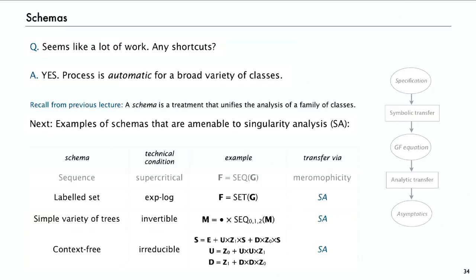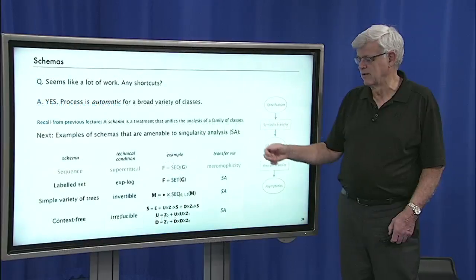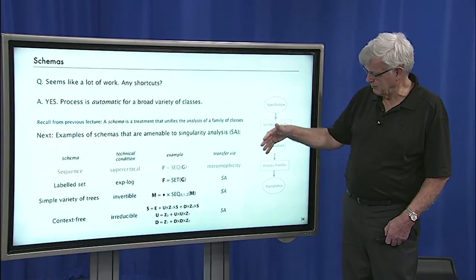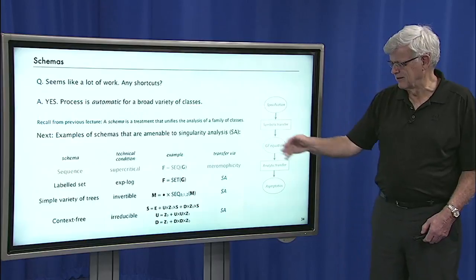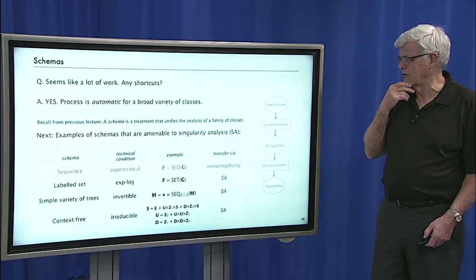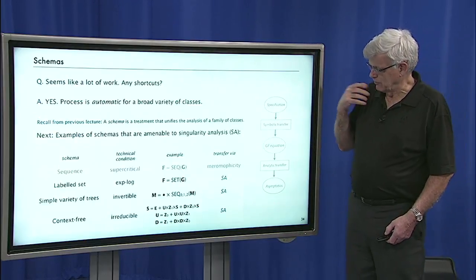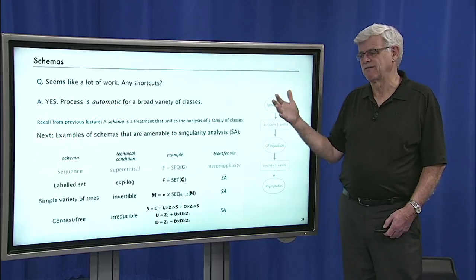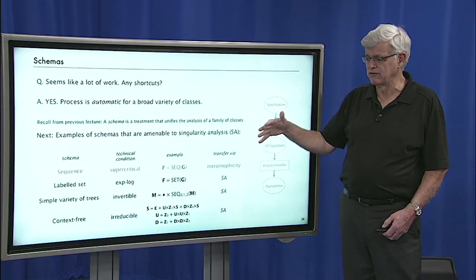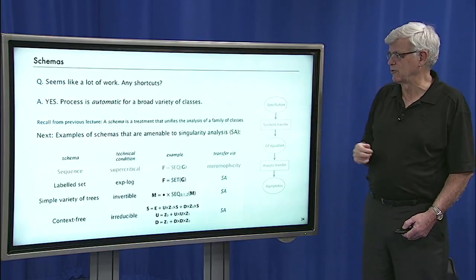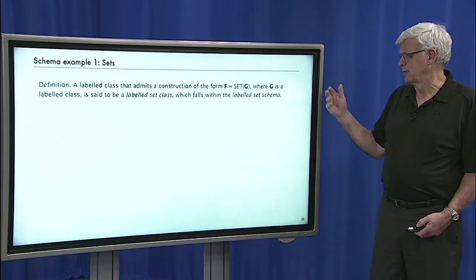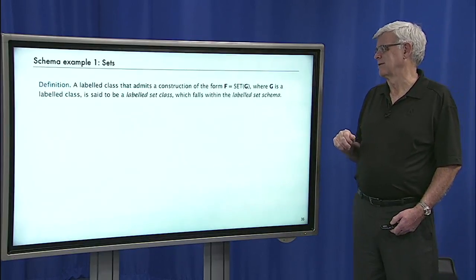And we'll look at so-called context-free schema, which handle families of constructions that are quite common for unlabeled combinatorial classes, and the technical condition there is called irreducible. So if we have a problem that falls within one of these schemas, then we have an easy way to solve it. So let's look at labeled sets.